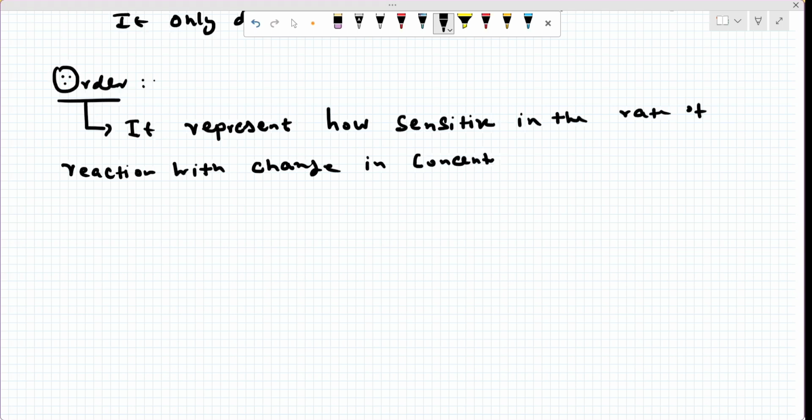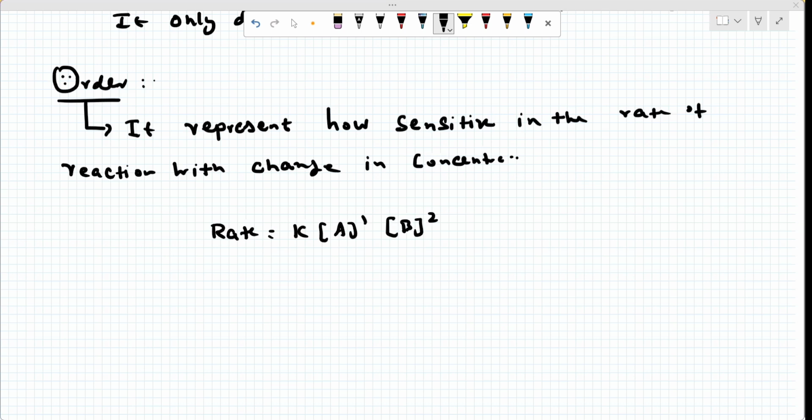Now see, if the rate is equal to K into A power 1, B power 2, what does this mean? With respect to A, which order reaction? I am asking about A. With respect to A it is first order.